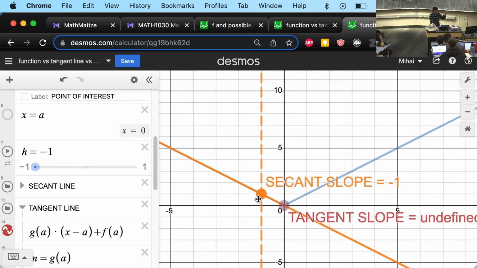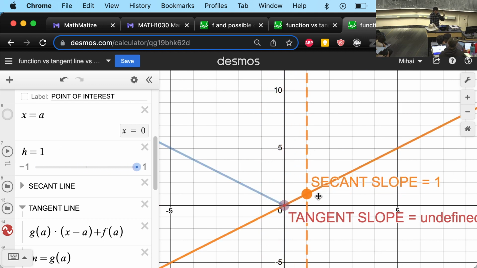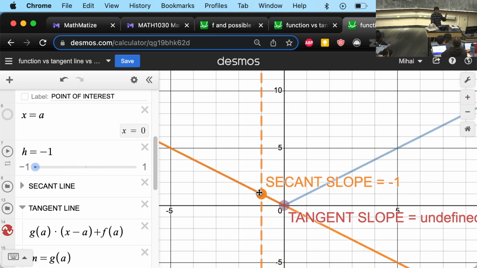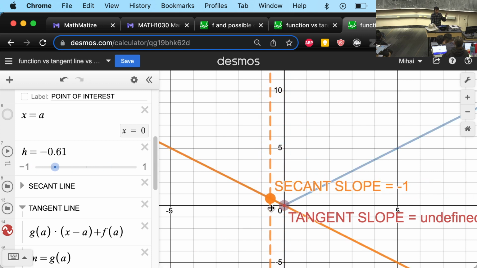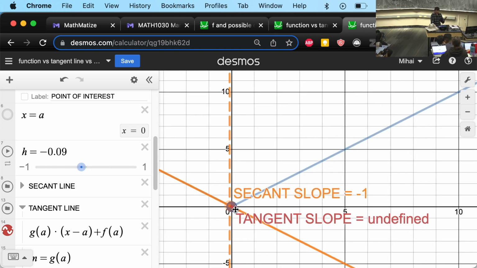And the secant lines are always that orange line pointing down. But over here, the secant line is always +1. So what is the limit of the secant lines? The limit does not exist. On this side it's positive 1, on this side it's negative 1. It is not getting close to any one value, and that is the reason the tangent slope is undefined. It's a limit that doesn't exist because one side is positive 1 and one side is negative 1.